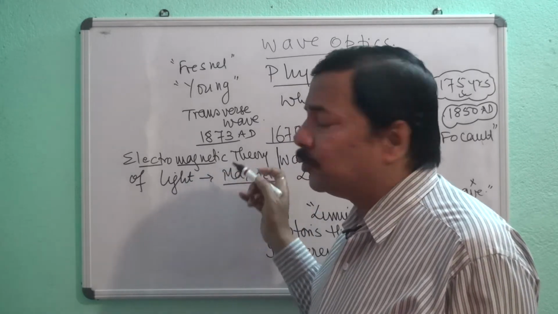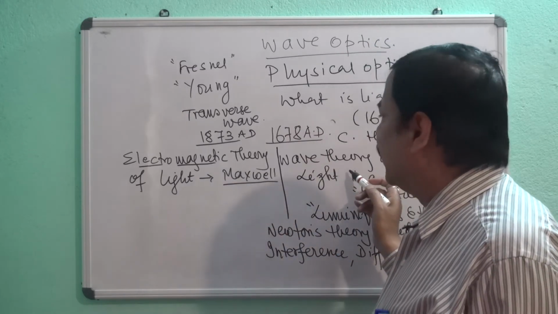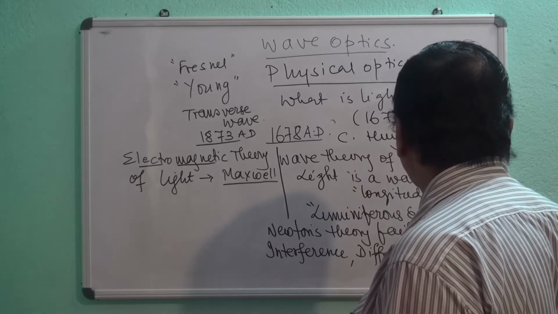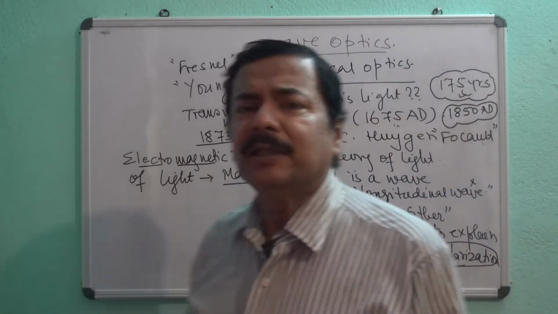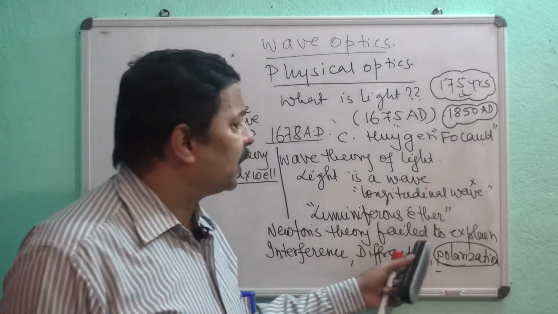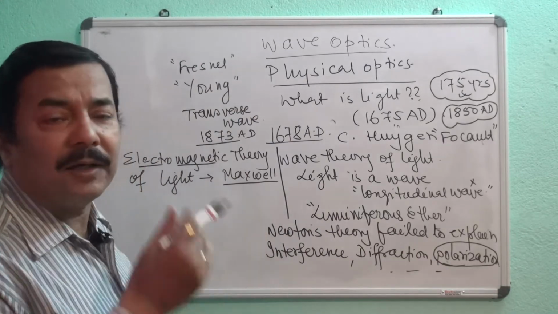This was the electromagnetic theory of light. Hertz's theory was not able to explain the phenomenon of polarization using the wave theory, and this was explained by Maxwell, who gave the electromagnetic theory of light.